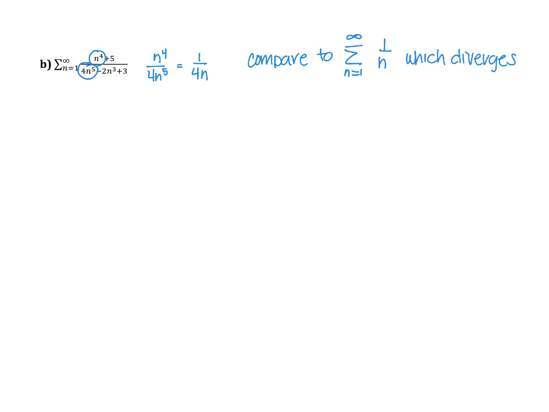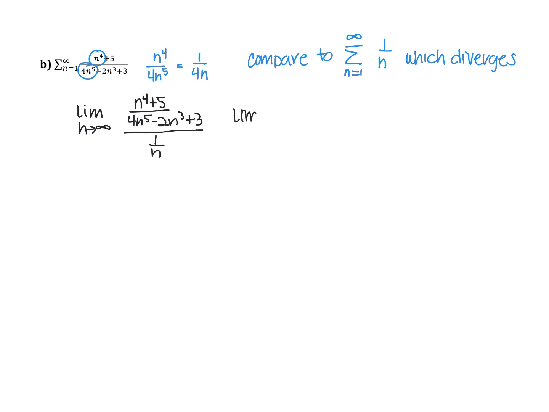So now we need to see what happens here. I'm going to take the limit as n approaches infinity of that lovely function right there: n to the fourth plus 5 over 4n to the fifth minus 2n cubed plus 3, all over 1 over n. And I'm going to do some simplifying before I go on.